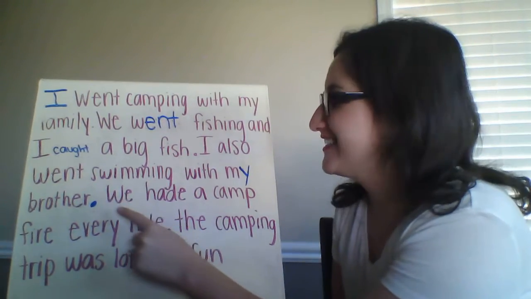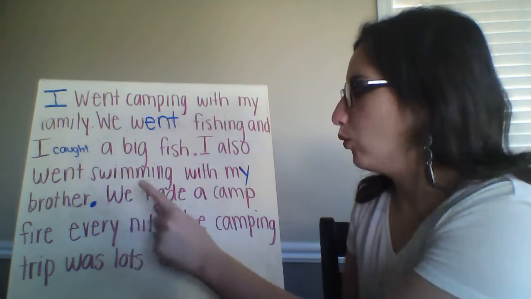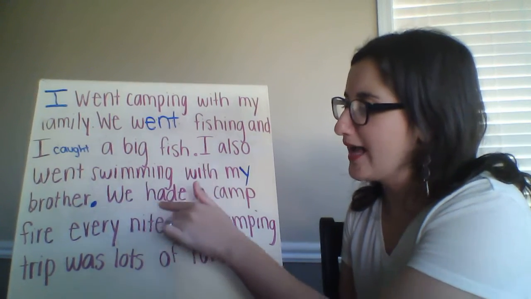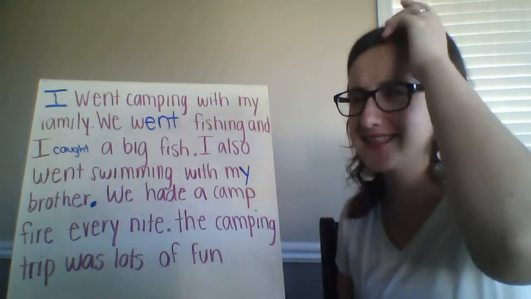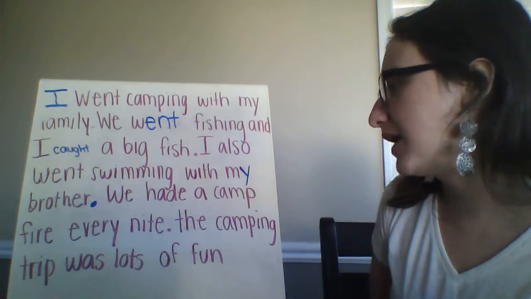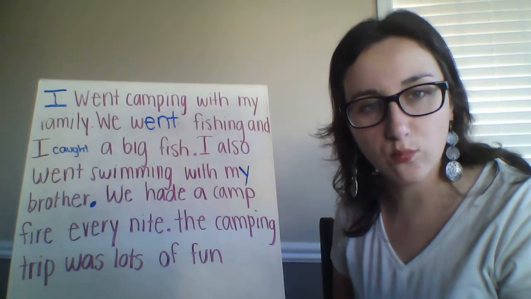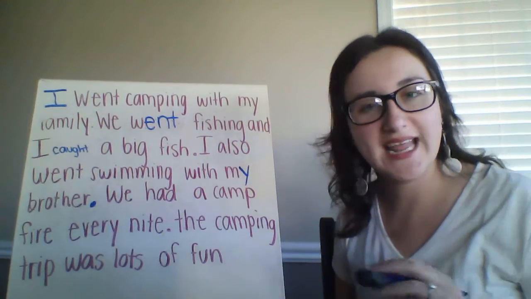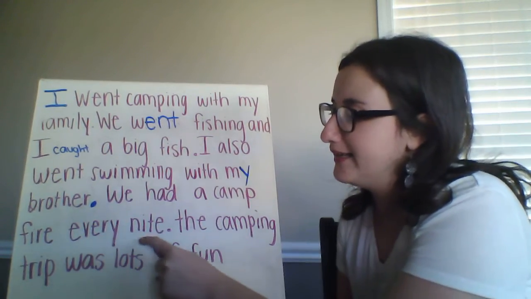Moving on to the next sentence, it starts with a capital W, so we're good there. We had. Okay, I'm looking at this word as a writer and a reader, and I see the word had, but it has an E on it, so it would almost be hade. We had a campfire every night. I need to fix that spelling and fix that word before I move on. We had, I'm just going to take away the E so that that word says had, a campfire every night.